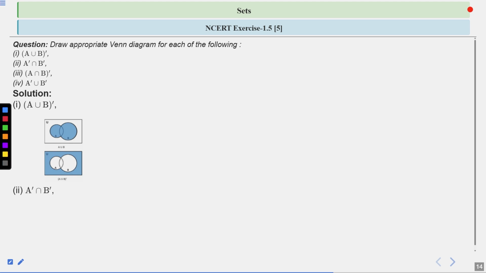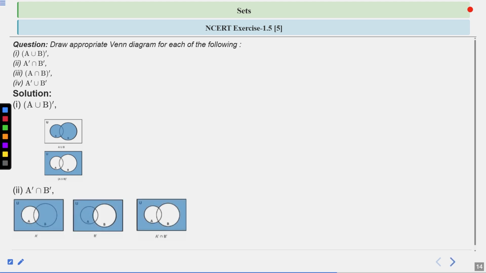Now for second, A complement intersection B complement. So 2 and 1 are both the same. Yes, indeed, because they are following what property or law? For A complement, simply shade every area except the A circle.